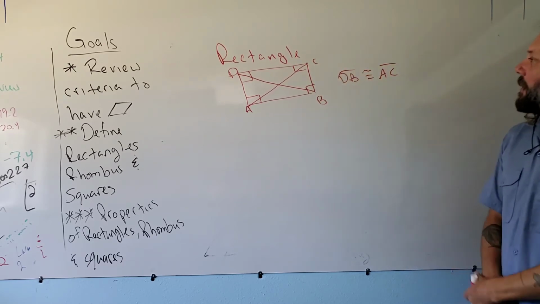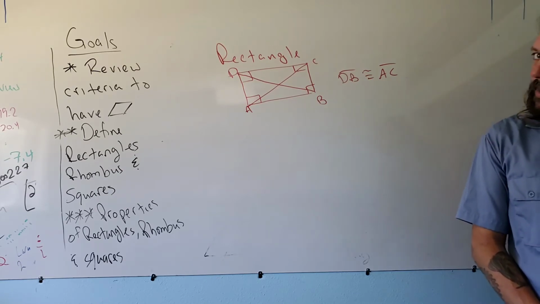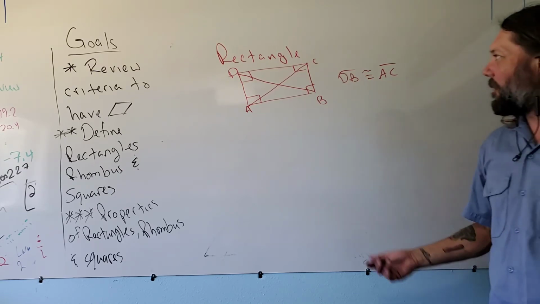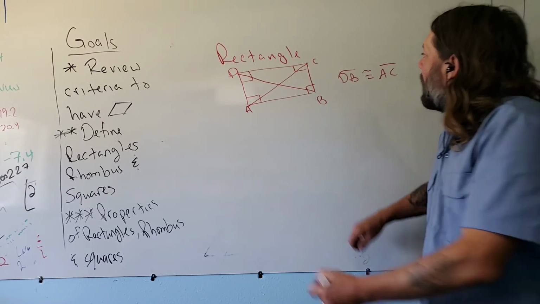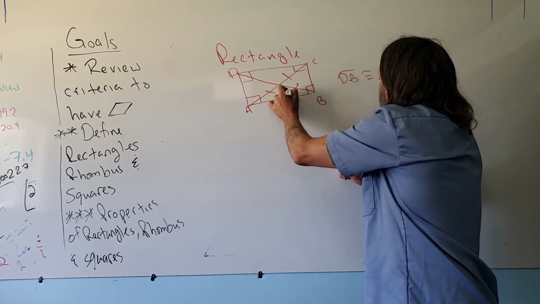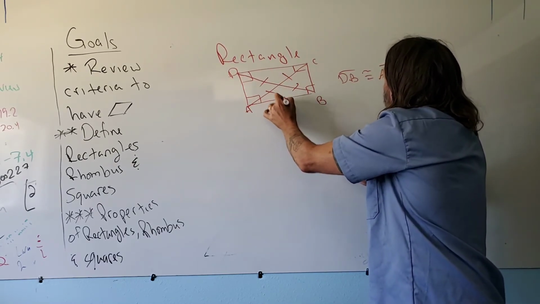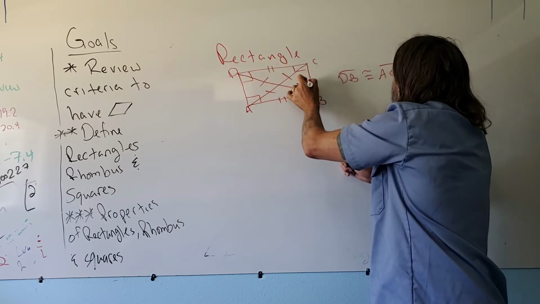So that's what rectangles do. They have equal diagonals. Okay, and then they also have all the other properties of a parallelogram where the diagonals bisect each other, opposite sides are equal.